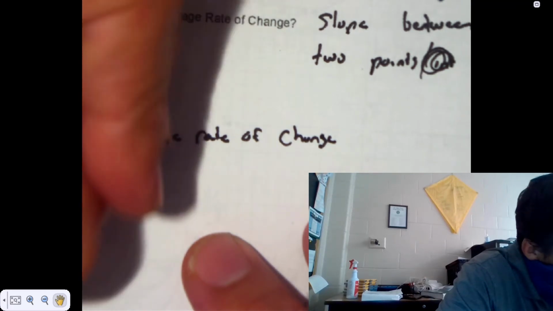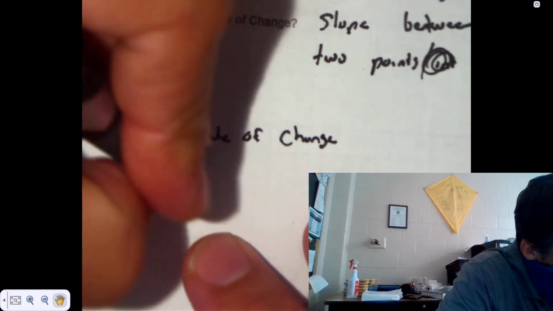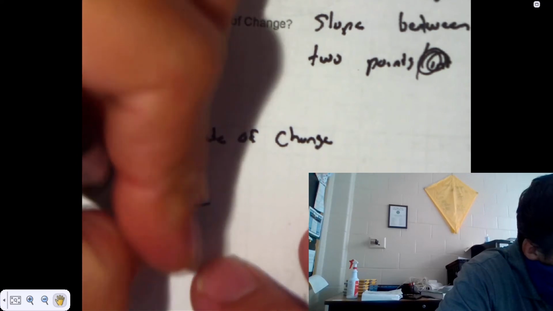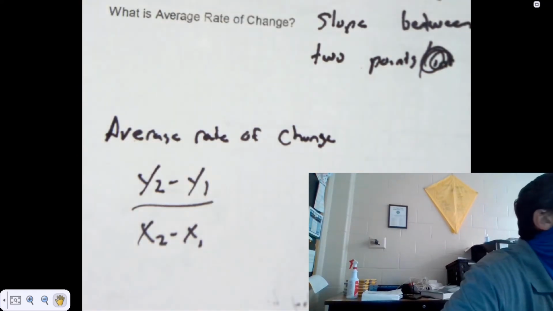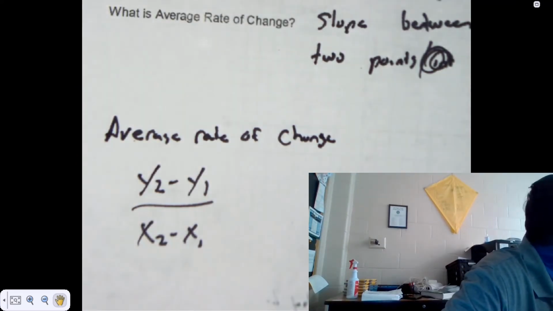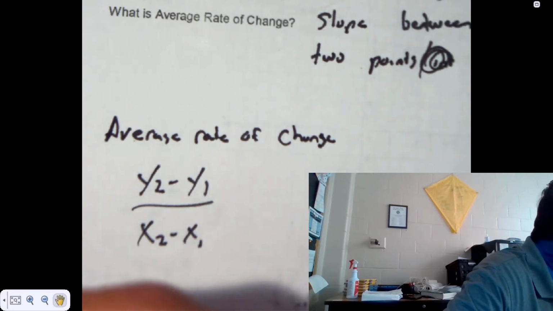We just stick with y2 minus y1 over x2 minus x1. I don't want to make anything more complex. Pre-calc class will try to introduce new notation, but there's no need to do that. It's just slope, kids.